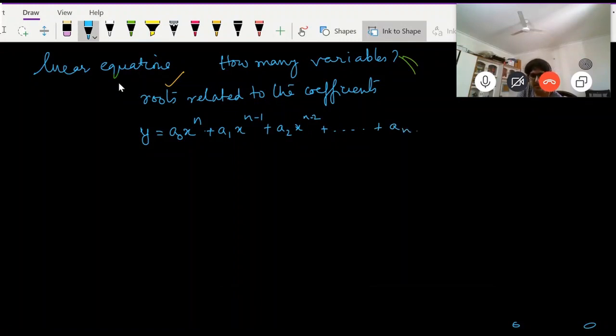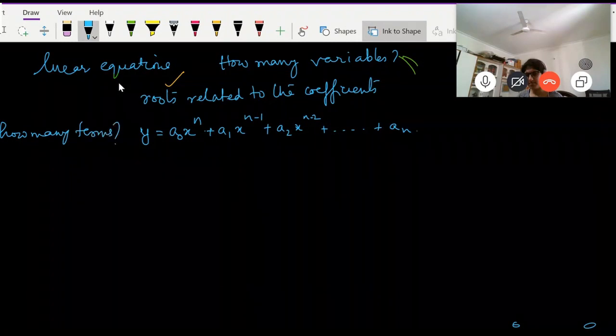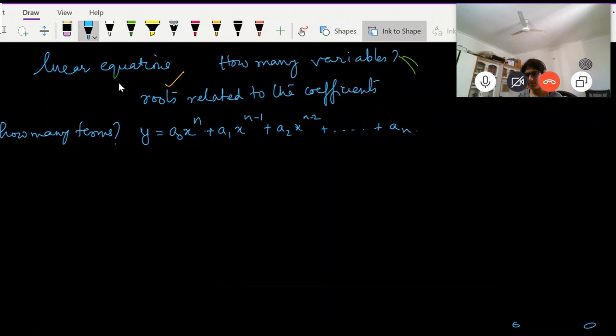How many terms are there in this equation? There's a1, a2, what is the last one? an.